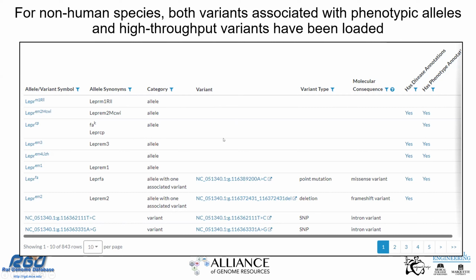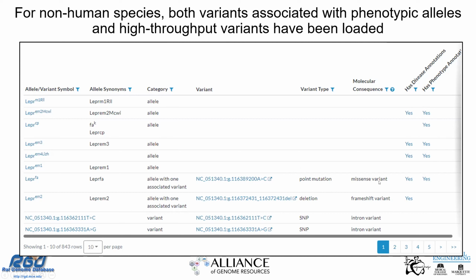Before I talk about the variant detail page, I want to point out that some of these alleles and both of the alleles that have variants associated with them have disease annotations. And this one, the Lepr FA, also has phenotype annotations, as do some of these other alleles.